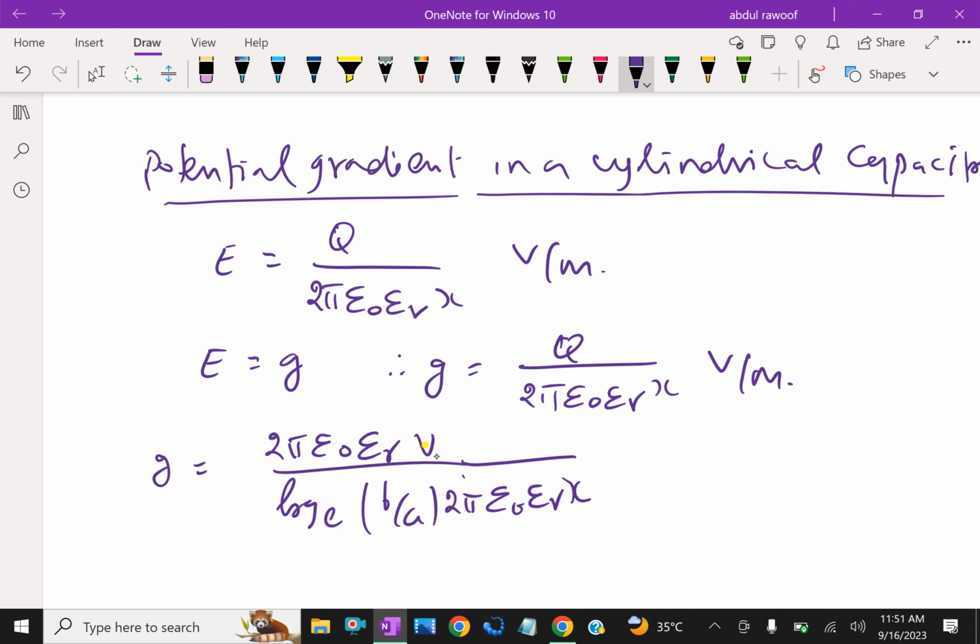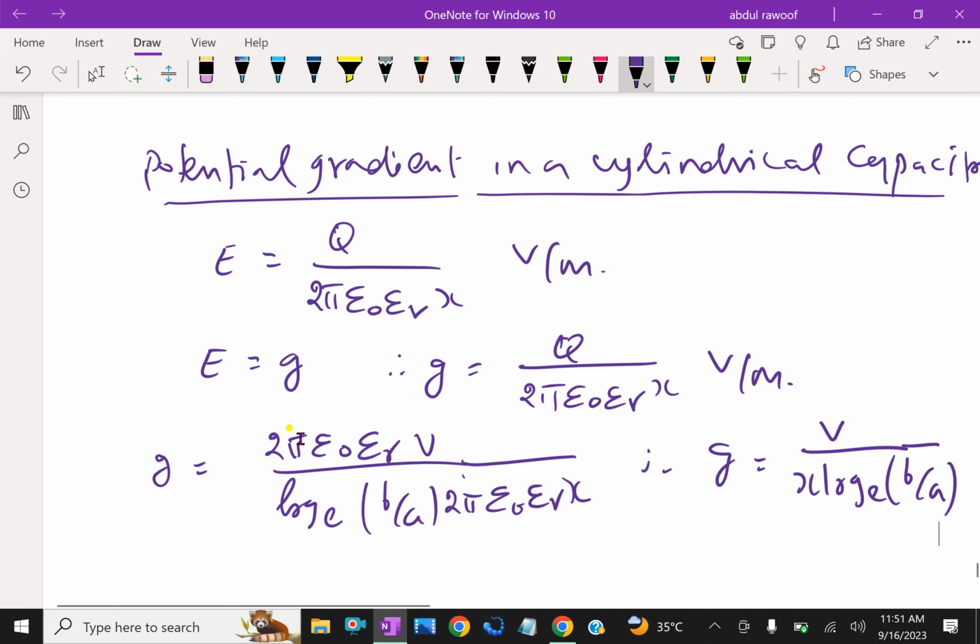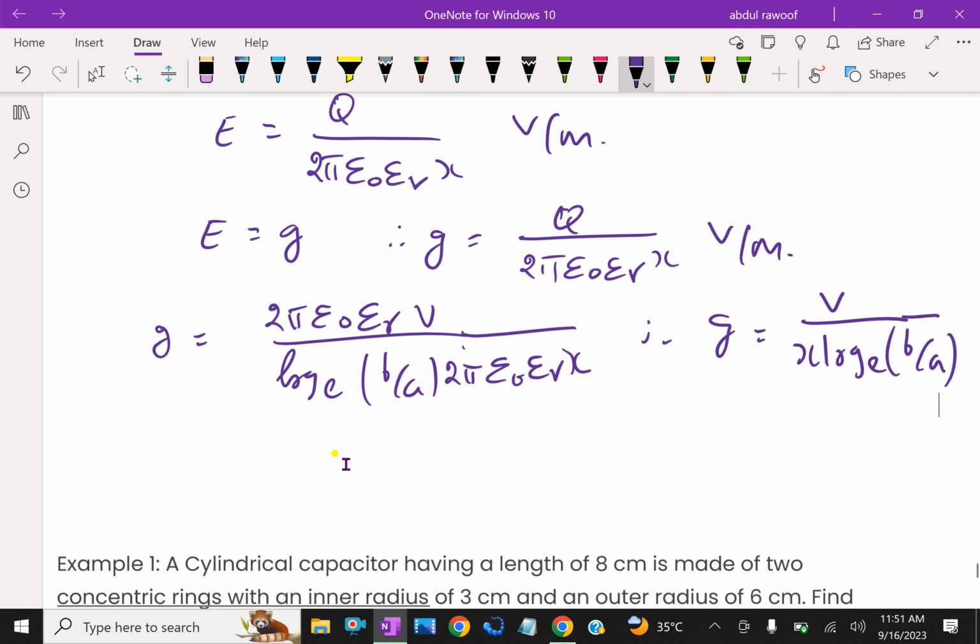Then cutting the common terms, we get G equals V over x log e b by a.